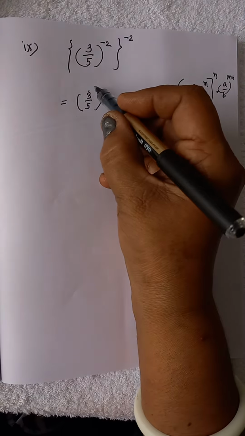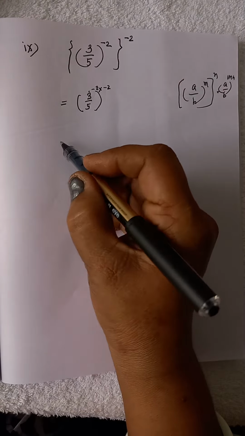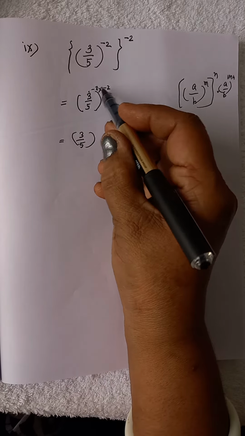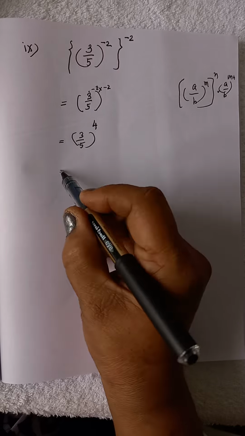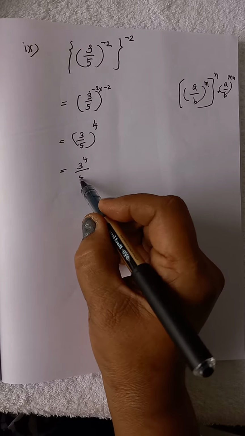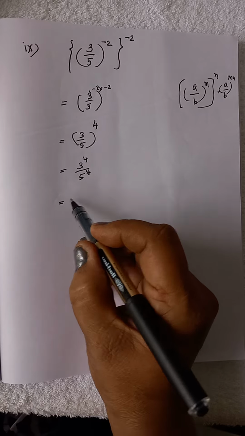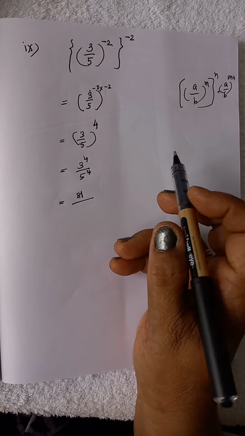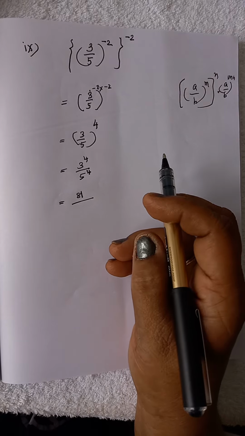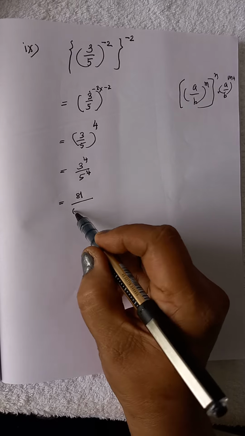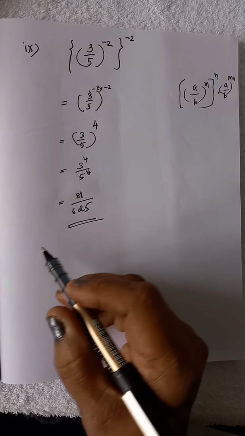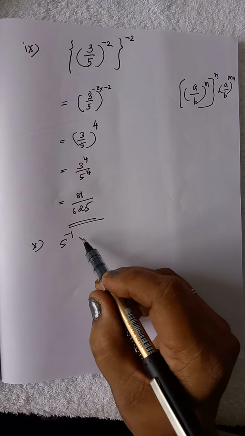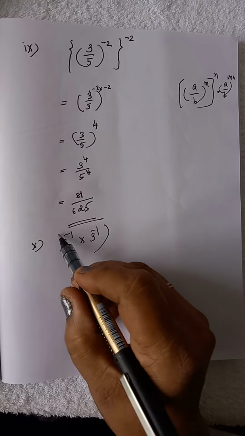So like that, minus 2 into minus 2, that is equal to 3 by 5 raised to minus into minus is plus, 2 into 2 is 4, that is 3 raised to 4 by 5 raised to 4. 3 raised to 4 is 81. 5 raised to 4 means 5 into 5 is 25. 25 into 5 is 125. That into 5 is 625. That's the answer.